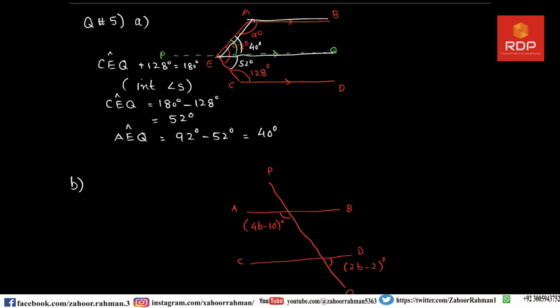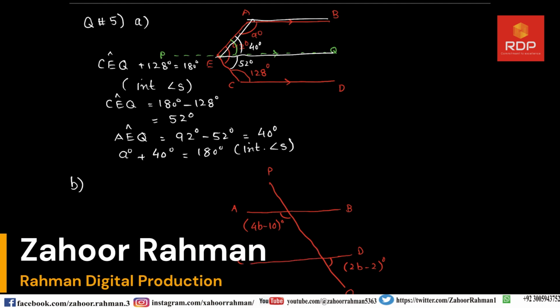So we can write that A plus 40 degrees is equal to 180 degrees, and that is due to the interior angles theorem.